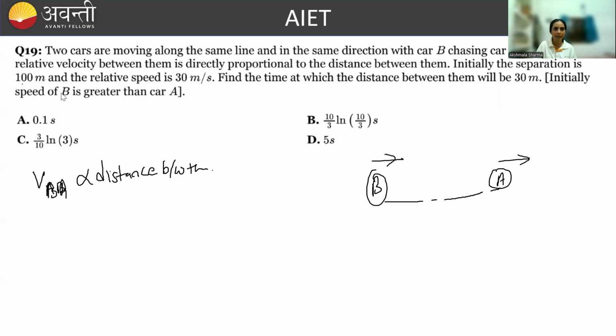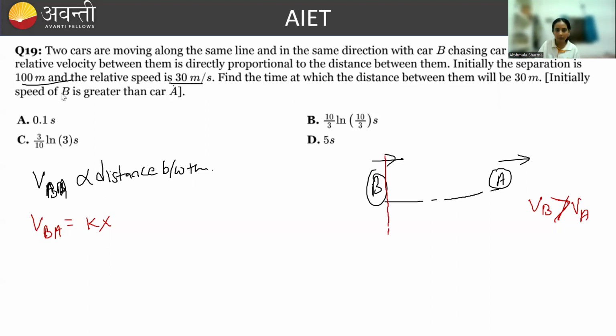Initially the separation is 100 meter and the relative speed is 30 meter per second. If B is chasing A, it means VB is greater than VA, so relative velocity VB minus VA is a positive term. So VBA is equal to some constant k into relative separation.